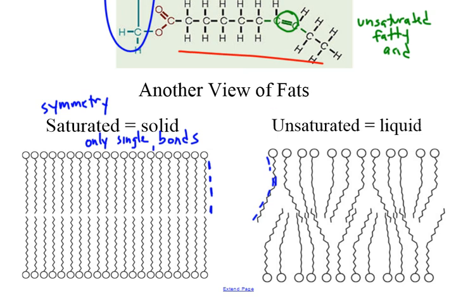Your unsaturated fats are going to have a double bond somewhere, which causes that kink or that bend in the structure that we see right here. That creates a weak spot, and that's going to change the phase of matter that the fat is in.